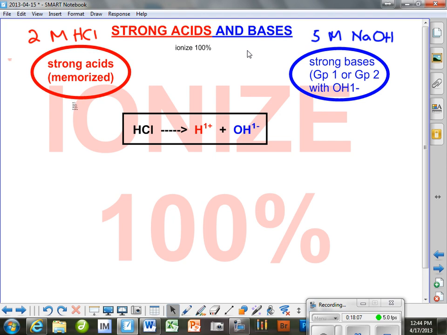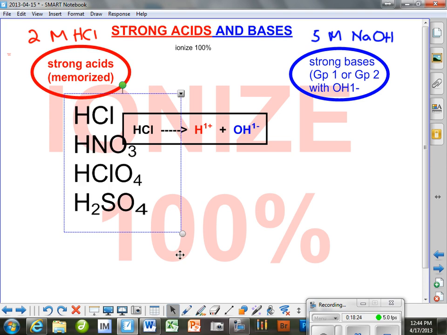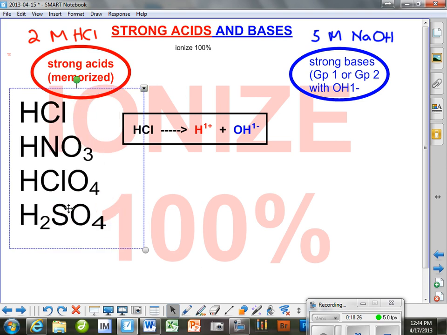So, let's take a strong acid. And how do we know the strong acids? Oh, this is tricky. What do we have here? Where'd he go? Oh, I put him here. Okay, and so, what are the strong acids? Ta-da! There's your strong acids: hydrochloric, nitric, perchloric, and sulfuric.